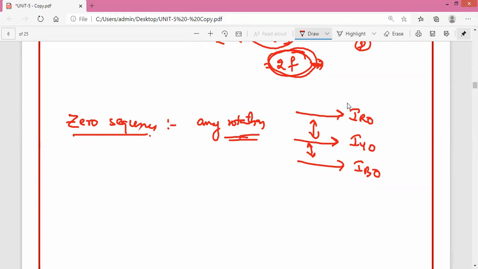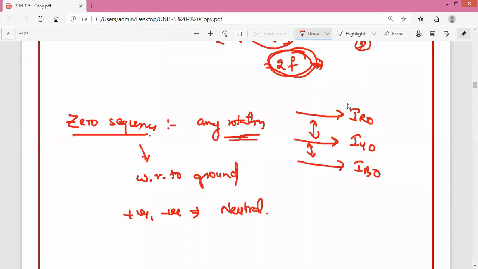Always, the zero sequence components are with respect to ground. Very important point. Zero sequence components are always with respect to ground, whereas positive and negative sequence components are always with respect to neutral.